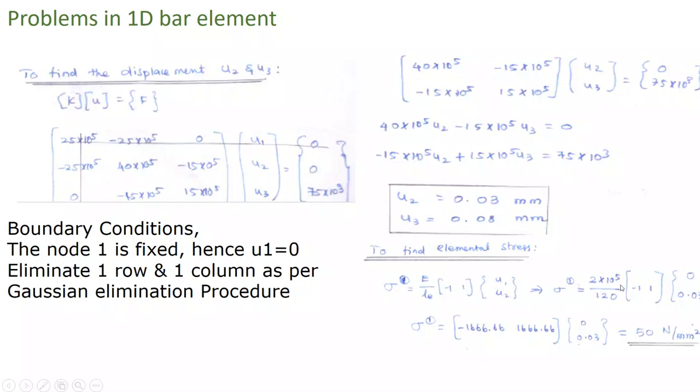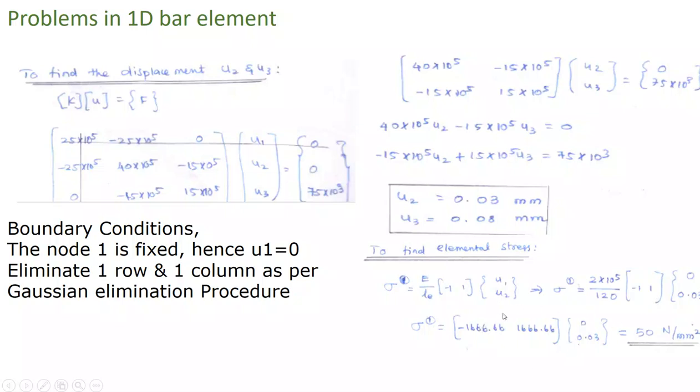Young's modulus is 2 into 10 to the power 5, length 120, and the displacement of node 1 is 0 and node 2 is 0.03. Multiplying, 2 into 10 to the power 5 divided by 120 gives 1666.66. Multiplying inside the matrix, minus 1666.6 and plus 1666.6.